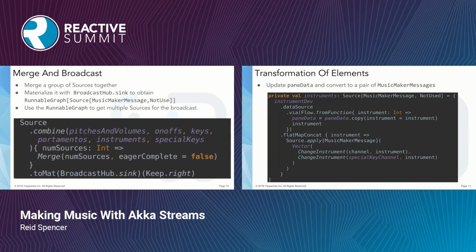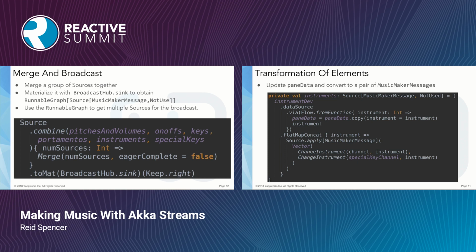Next up is merge and broadcast. You remember where there's that big blue bubble in the middle where everything was coming in and a few things were going out? This is what does that. So here we're saying source.combine. This is combining multiple sources. In this case, pitches and volumes, on-offs, keys, portamentos, instruments, and special keys.